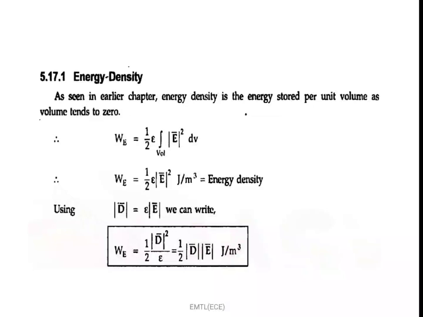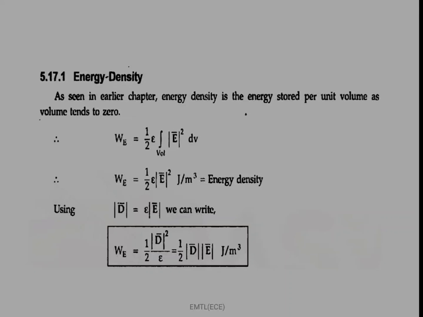If the problem gives values for permittivity and E, then we use WE is equal to half epsilon mod of E bar square. So that is the benefit of the different forms of expression for the energy density. We use these forms in solving problems depending upon the given values. So this is about the energy density.